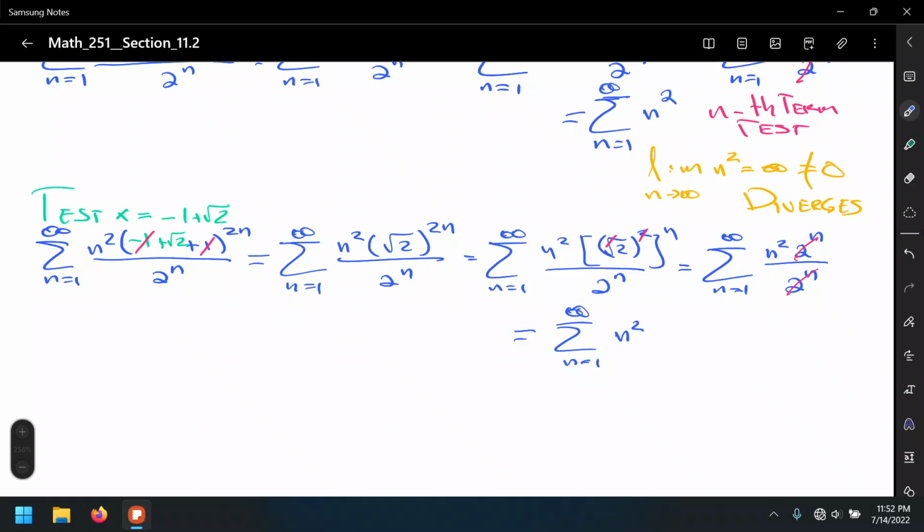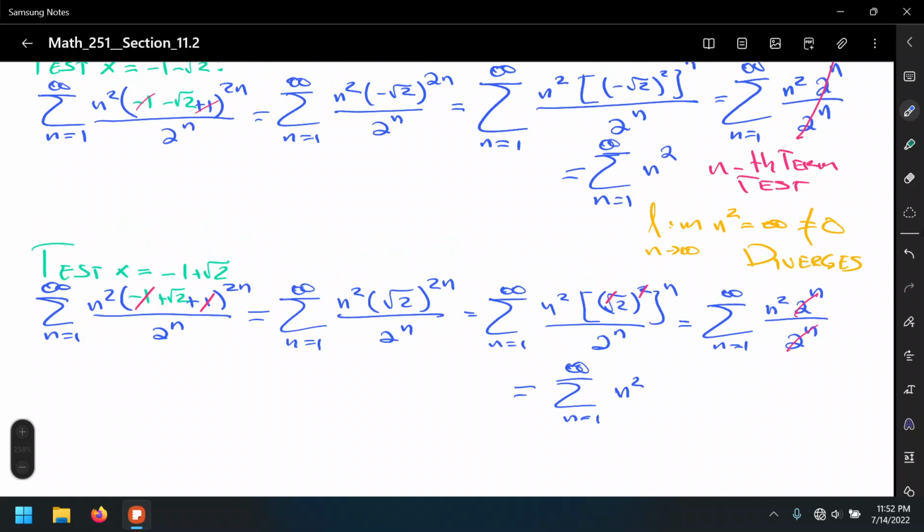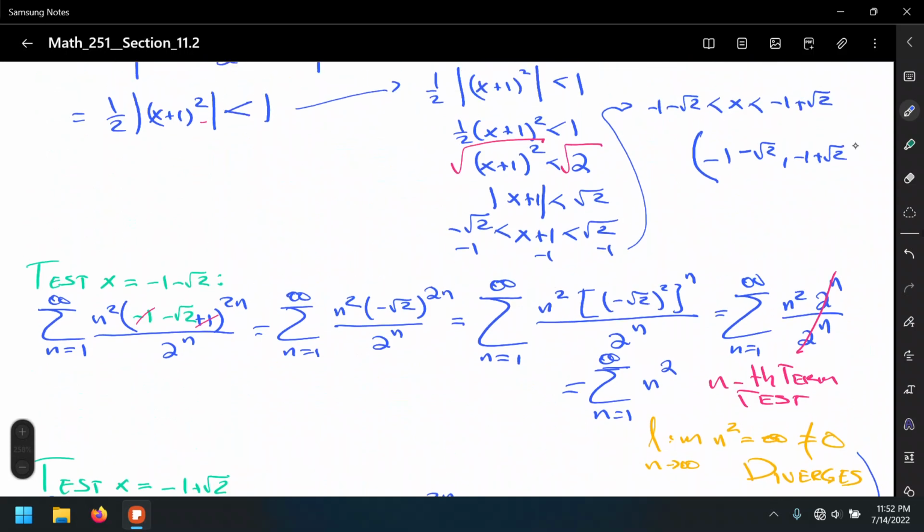But wait a minute, isn't it the same series that we got before? Do we really have to do again the test? No, for the same criteria, diverges. All right, no need to do it again. And that means that's also parentheses.